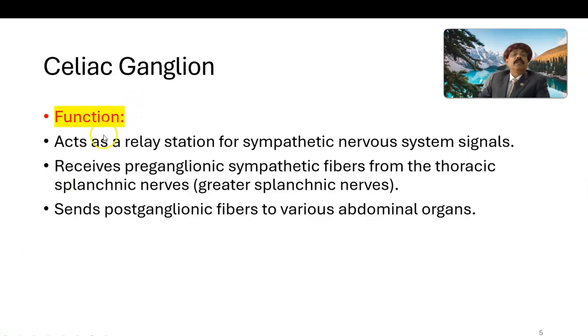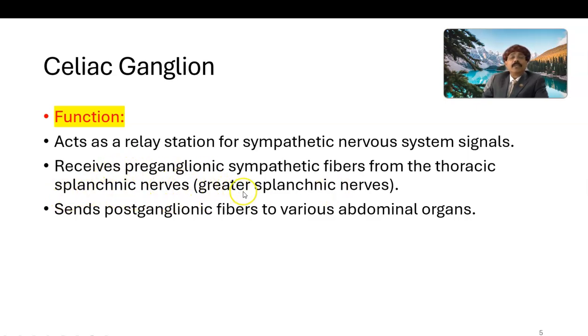Okay. The celiac ganglion acts as a relay station for sympathetic nervous system signals. It receives preganglionic sympathetic fibers from the thoracic splanchnic nerve, that is the greater splanchnic nerve, coming from the T5, T6, T7, T8, and T9 thoracic sympathetic ganglia.